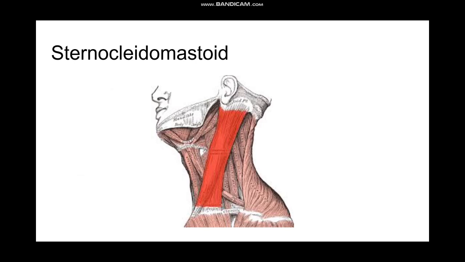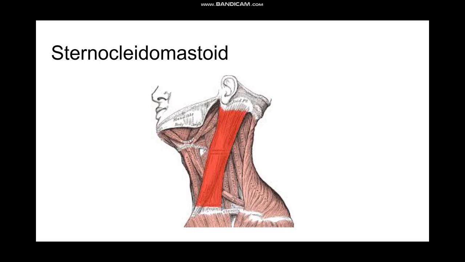And the last one we have right here is called the sternocleidomastoid. Sternum, cleido, clavicle, mastoid process of the temporal bone. So it's going to originate on the sternum, the manubrium of the sternum, and the clavicle, and it's going to go all the way up here and insert into the mastoid process of the temporal bone.